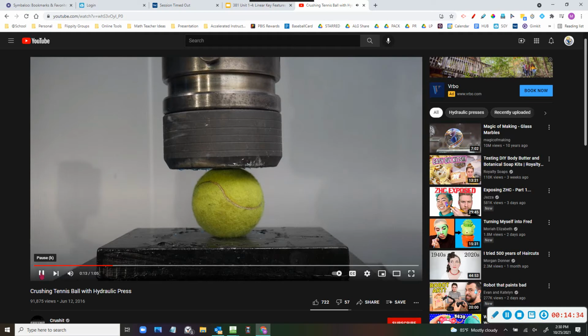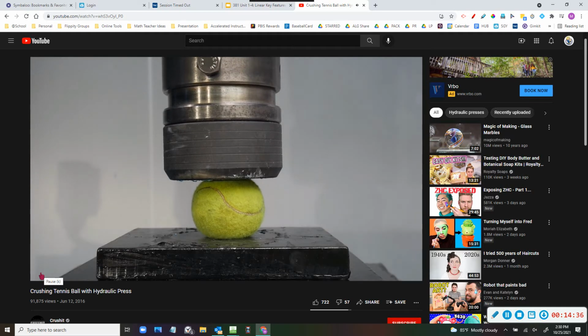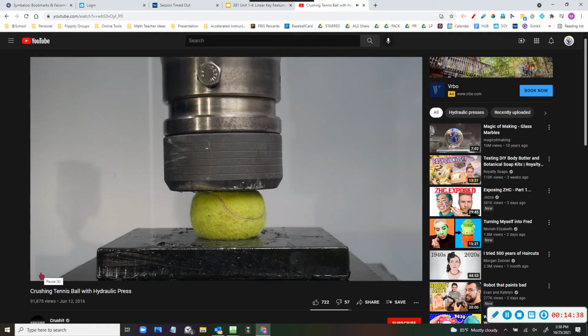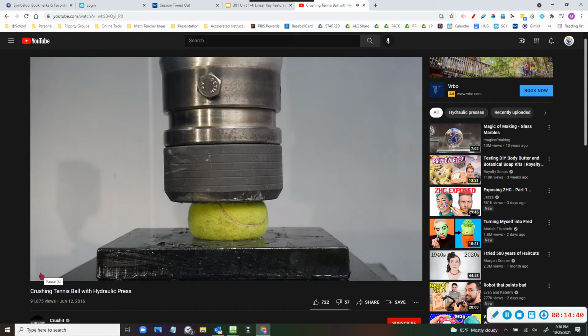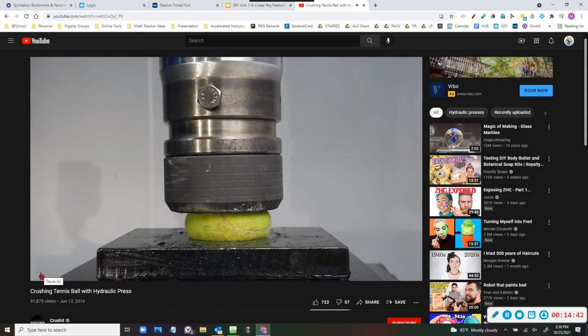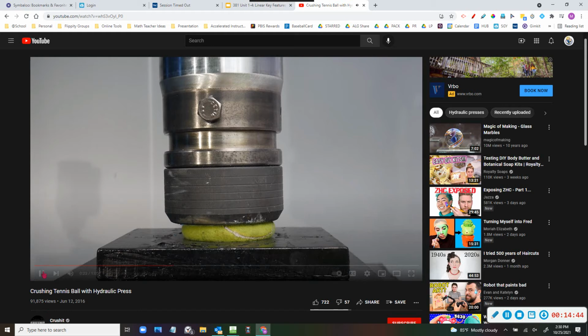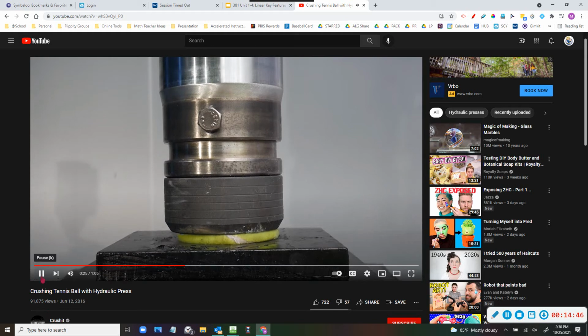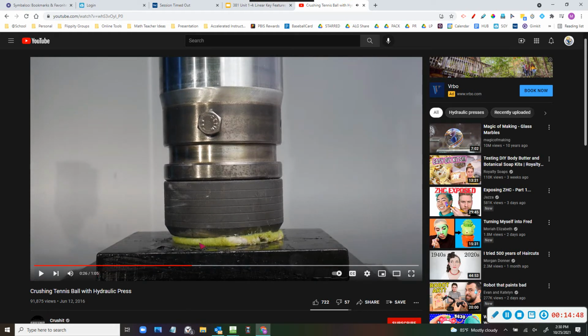Now watch. Right about here, look at that. This was going from here to here, and now look how much wider it is. When we compress something vertically, it squishes out the sides. You squish it, you compress it, and it all squirts out the sides. It gets wider.